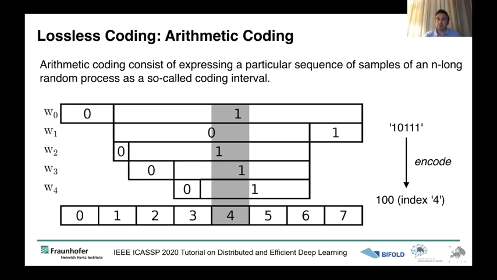Here we want to encode the binary string 10111, and in this case, this word would be encoded as index 4, or as the binary string 100. 100 is the binary representation of index 4 if you start with 0. So it's the fifth index in this case.